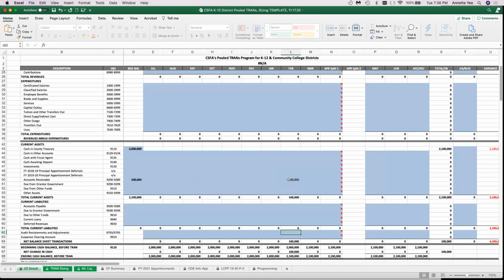But the example we were just giving was a write-off of a bad debt, and therefore you needed to either put the offset in the same month under the restatements and adjustments, or somewhere in the income statement as a negative income.